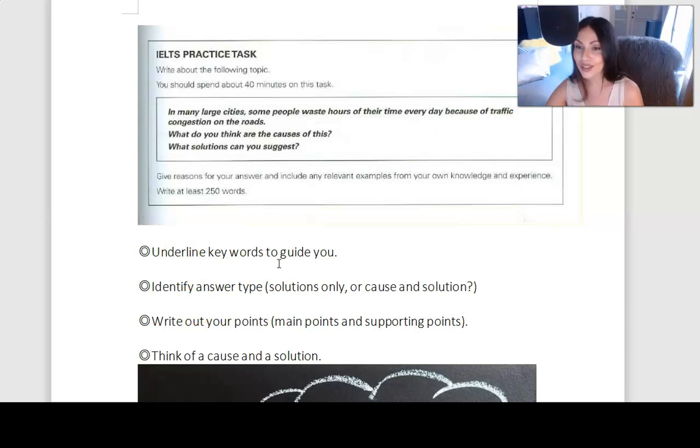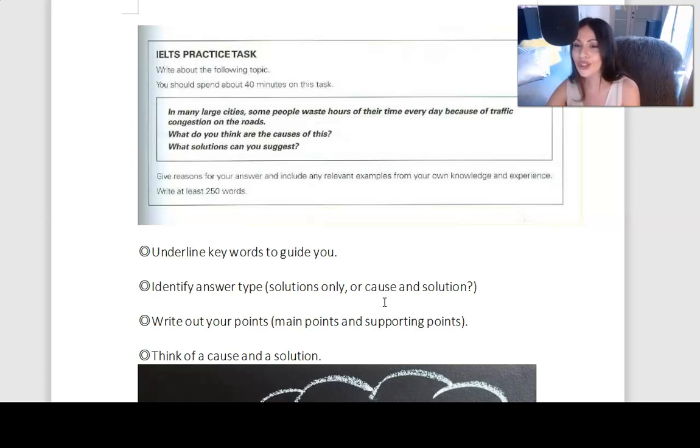That's how we start, by telling our students to focus on the question, read it twice or 3 times over. Then identify the answer type. What does this mean? Is it a solution or cause and solution, both, that the question's asking us to provide? Well, in this question, it's obvious they want us to provide both a cause as well as a solution.